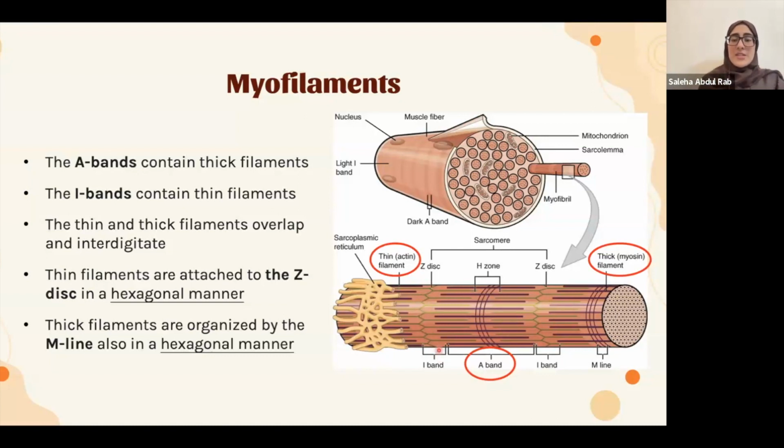And the thin filaments are organized at the M line. This is the M line. The thin filaments are organized at the M line, also in a hexagonal manner. This diagram, however, does not represent that too well, but it looks kind of like this, to be honest. The M line resembles that to an extent. Okay, that's all you need to know for A bands and I bands for the rest of this lecture.